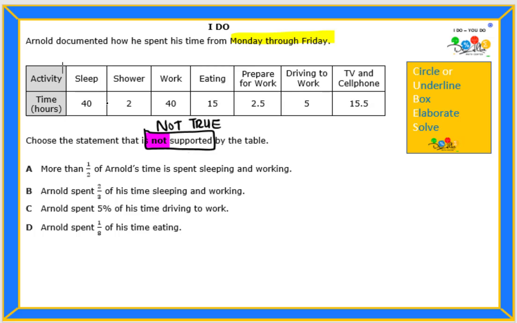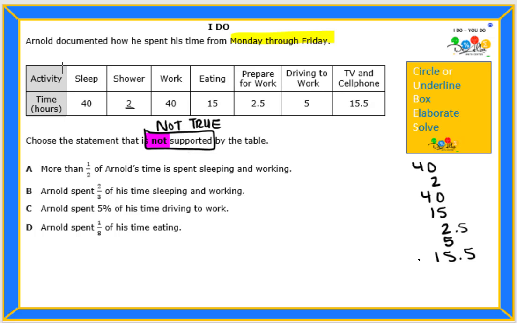So 40 plus 40 is 80. And then we have another 15 and 5 is 20. So that's 100. And then we still have 2. So let's just add them up here: 40, 2, 40, 15, 2.5, 5, and 15.5.